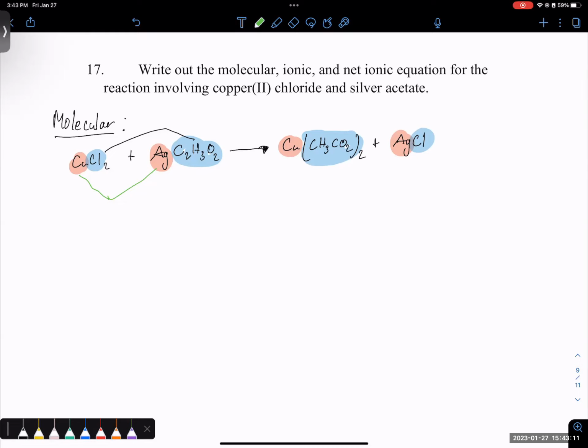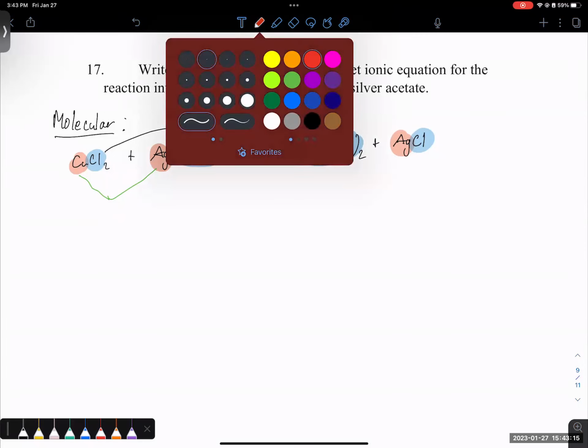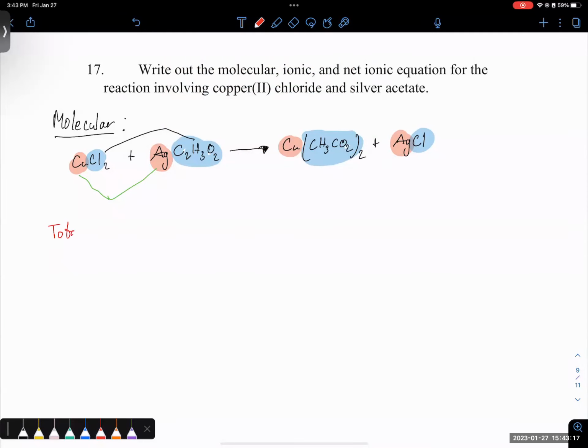Cool. So now it's time for everybody's favorite topic, not really. It's an absolute pain, the total ionic equation. Good catch, I was waiting for someone to do that. Yes, you do need to balance. And why is this not balanced right now?